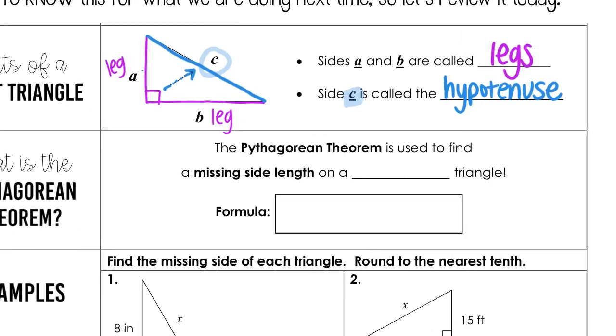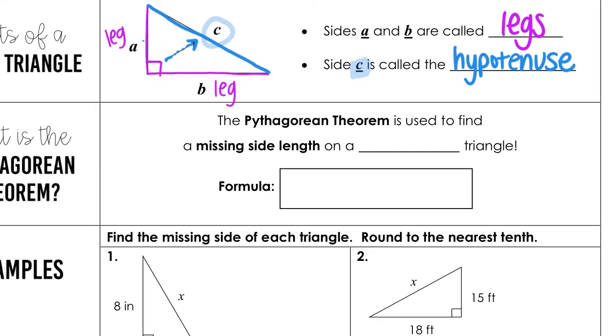So what is the Pythagorean theorem? We use it to help us find the missing side length of a right triangle. And I bet a few of you probably remember what it is, but we're going to write it right here. It is a squared plus b squared equals c squared.